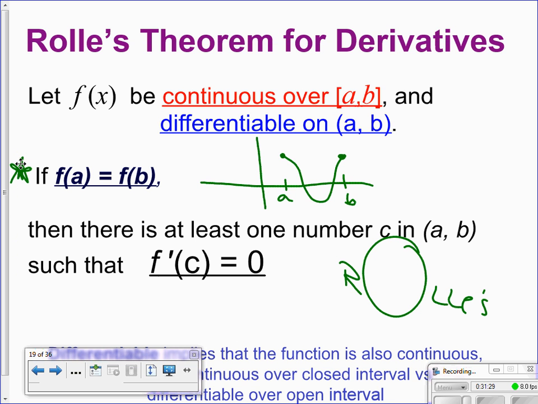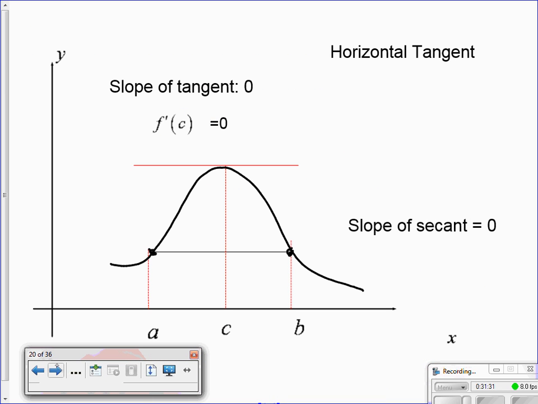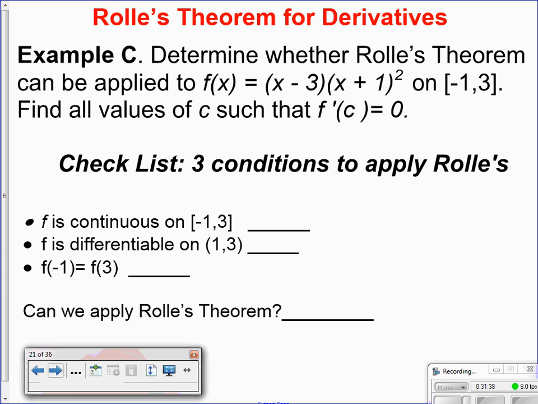Let's just see if we can do one of those. It helps you to visualize these. I made this one. This example is a polynomial if you multiplied it out, so it is continuous and differentiable everywhere.